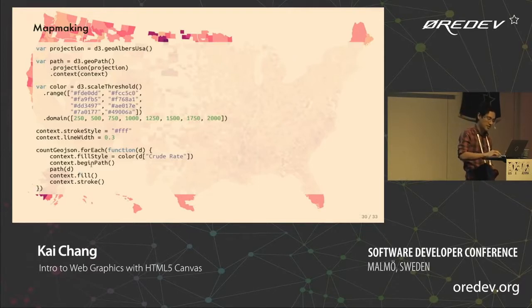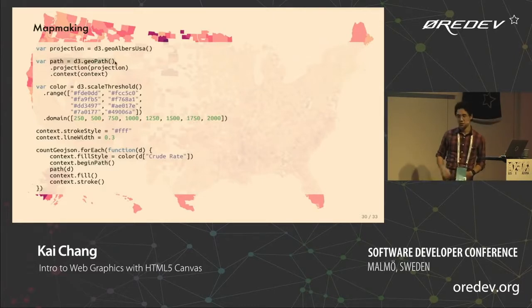So what it will do when you begin the path and then use, and here this path down here is referring to this D3 geopath, it will do the move to and line to commands and draw out that geographic shape based on what it sees in the GeoJSON, or what you might have exported from your GIS application or downloaded as a shapefile and converted to GeoJSON.